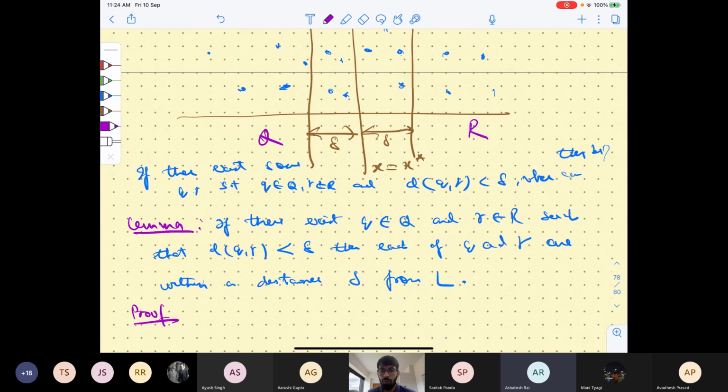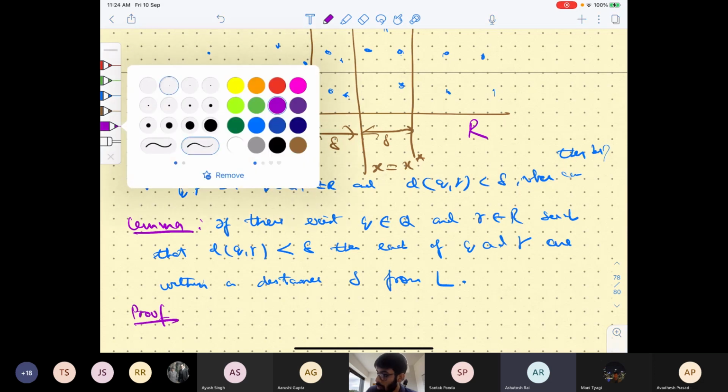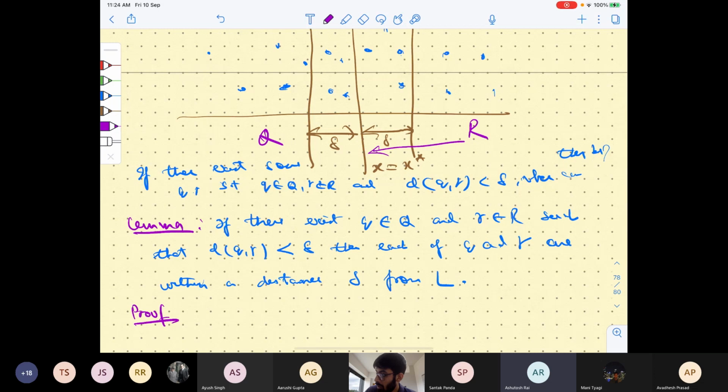R starts only from here, and Q starts on this side. So if there is a point here, its distance from any point in Q is going to be more than delta, because x itself is more than delta. Similarly, if there is a point on this side which is outside the strip, its distance from any point in R is going to be more than delta.